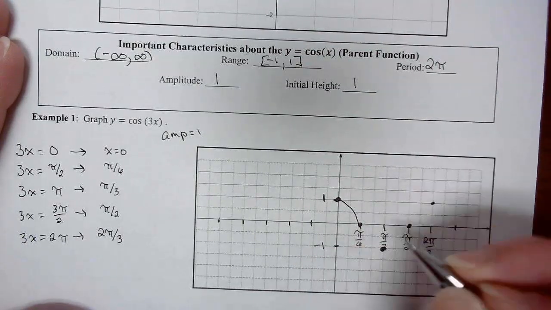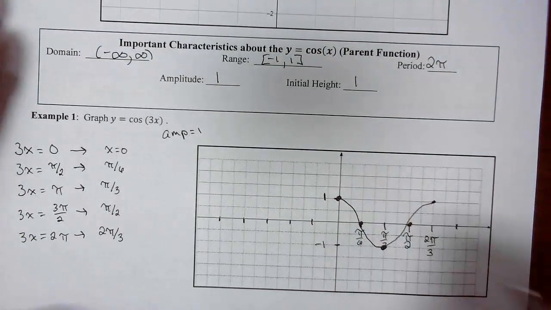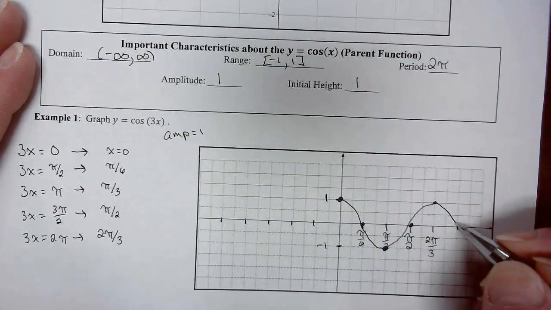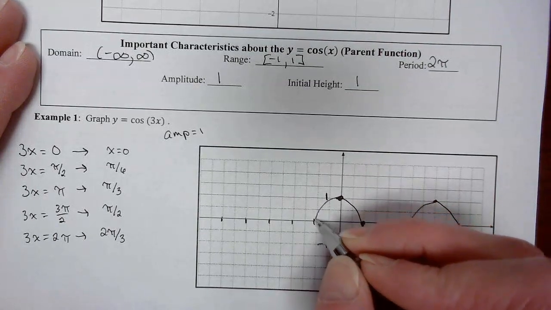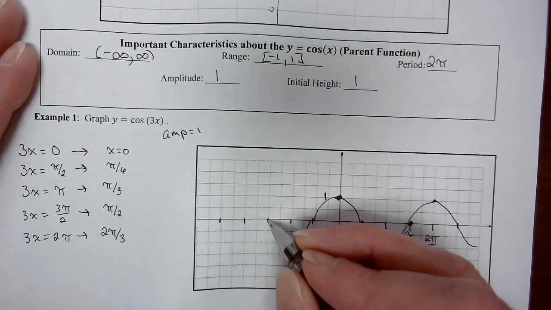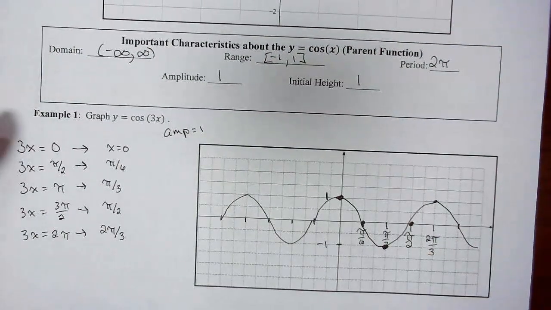So here's one full cycle of cosine. Notice the difference here is we're starting at 1. Now we know it repeats itself, so it would go back down, then down. This side would make a complete hill there. Then it would go down to -1, back to 0, up to 1, back to 0.